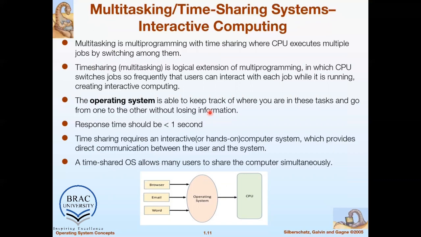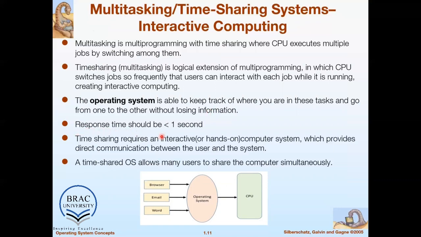So we can see that during the time of user interaction there is a time gap, and in that time gap the switching of the job takes place so quickly and so frequently that the user cannot even understand that they are using a time shared system.